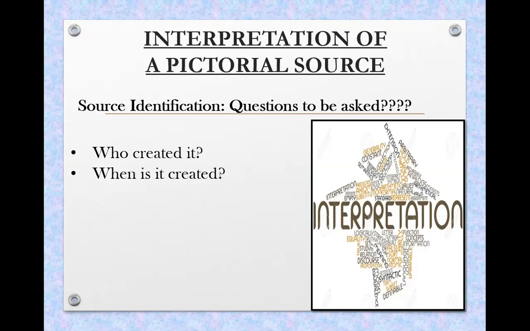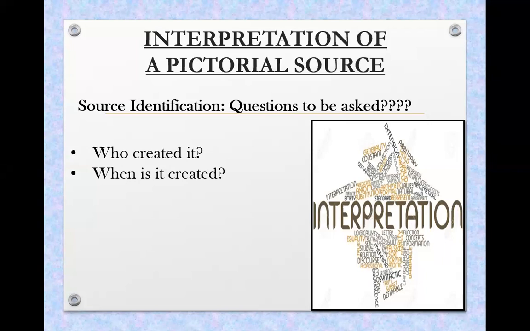Then, when was it created? Was it created at the same time when that particular event was happening, or afterwards? If I say the war of independence took place in the year 1857, a source created at that particular time has a different perception.